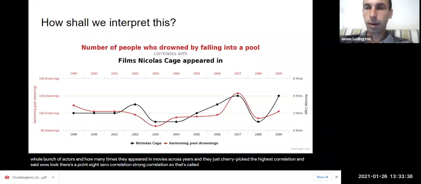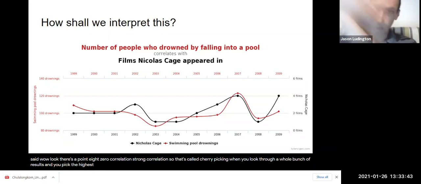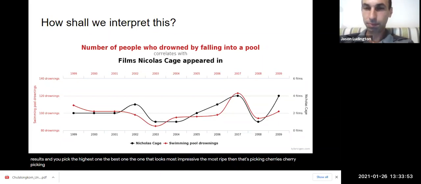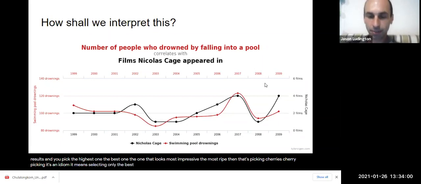So that's called cherry picking, when you look through a whole bunch of results and you pick the highest one, the best one, the one that looks most impressive, the most ripe. Cherry picking. It's an idiom. It means selecting only the best and ignoring the rest. Does that make sense? Yep. Cool.